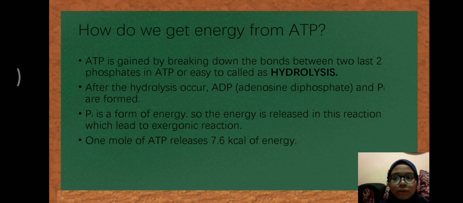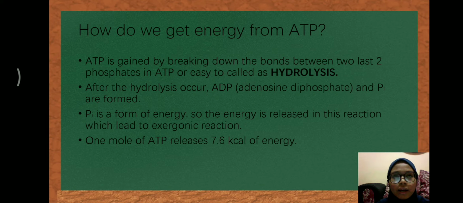So we will move on. How do we get energy from ATP? We all know that ATP is a form of energy. So how do we gain energy from ATP? First, energy is gained by breaking down the bond between the last two phosphates in ATP, or as it is easily called, hydrolysis.